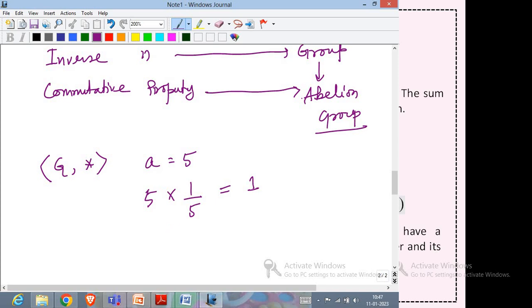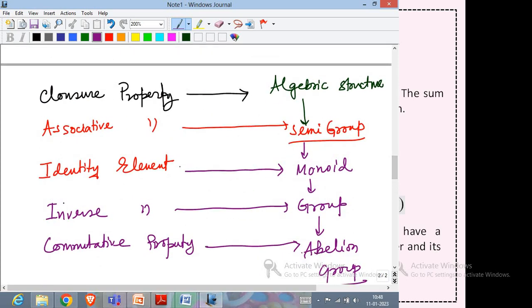But 1 by 5 is a fraction. Does it belong to G? No, it doesn't belong. So we can say that for G comma multiplication, there exists no inverse element. If you don't have this inverse element, that particular set will be called a monoid. It can't be a group.